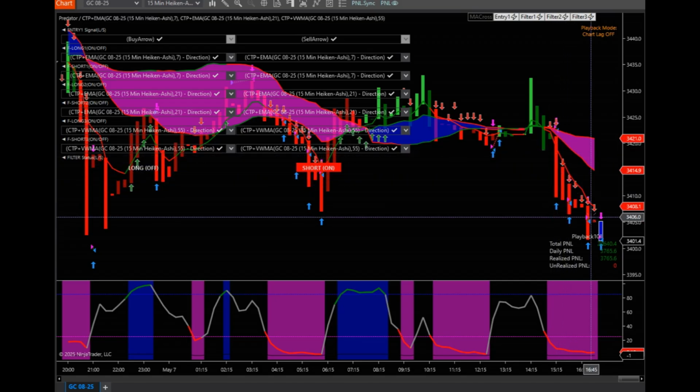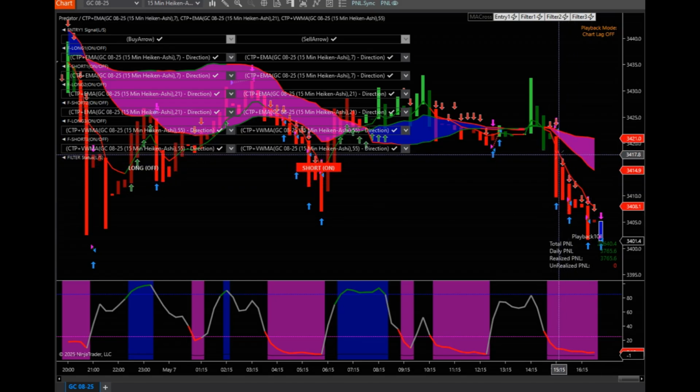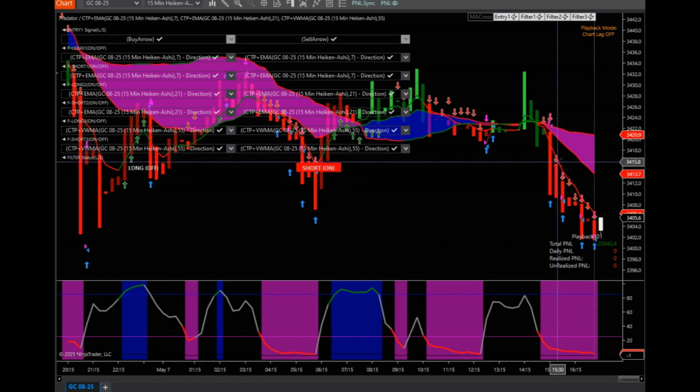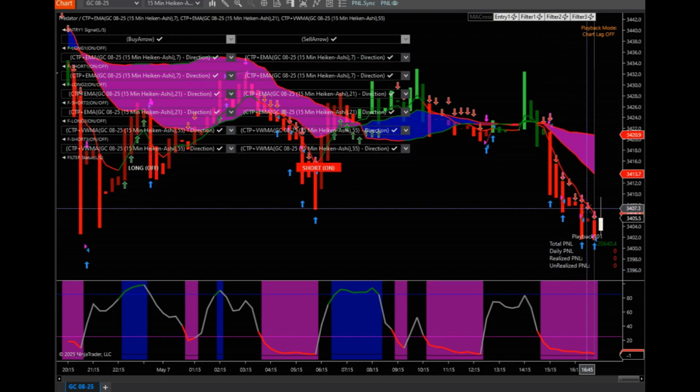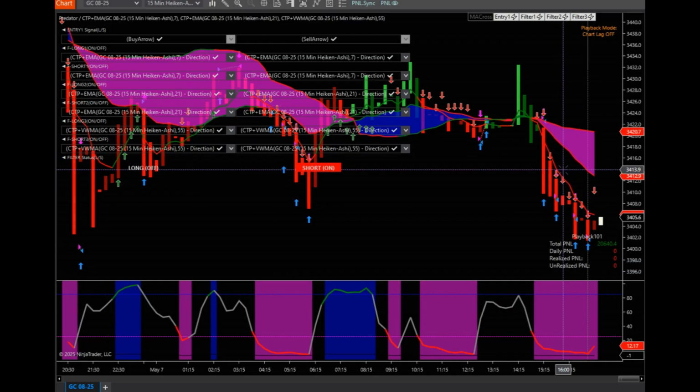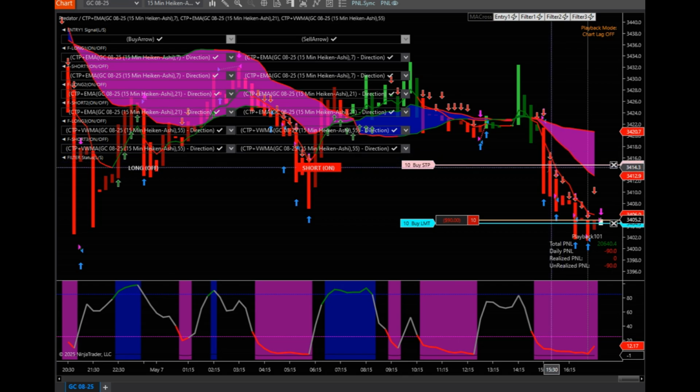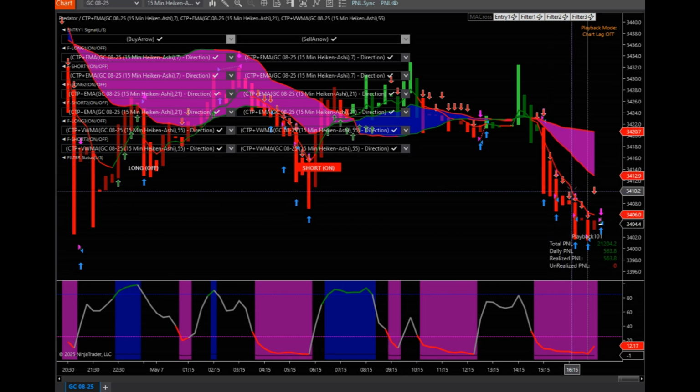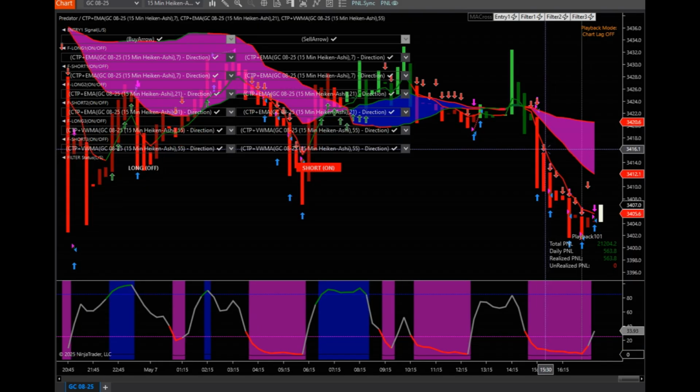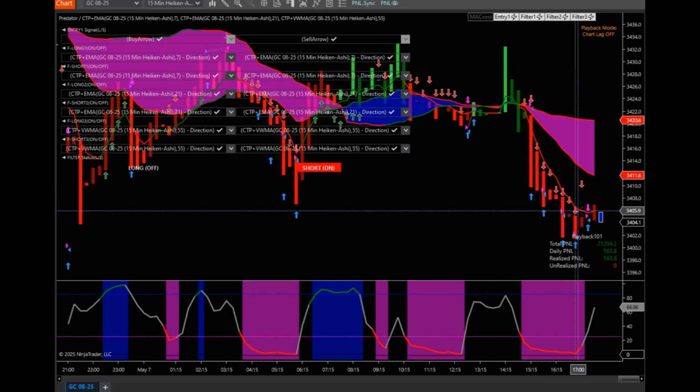So if I had, I don't know, a 20 or 30 profit target, then that trade would have continued still going down. But right now I have a short profit target. That's why it's taking these short trades right now. But I can go ahead and modify it to see how well it does having a larger profit target.